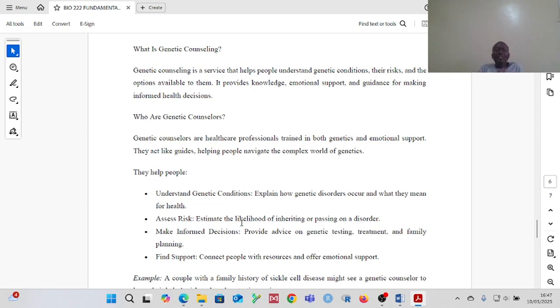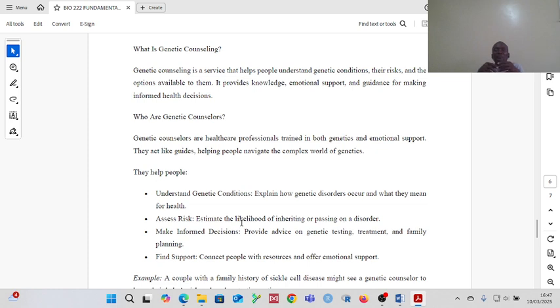Then you will be guided. If, for example, you want to have a family, you'll be told, "If you are marrying, try to marry in this way, do this," so that you reduce the chances of transmitting this to your children. You should not marry someone who has this particular type of mutation. So that is genetic counseling.